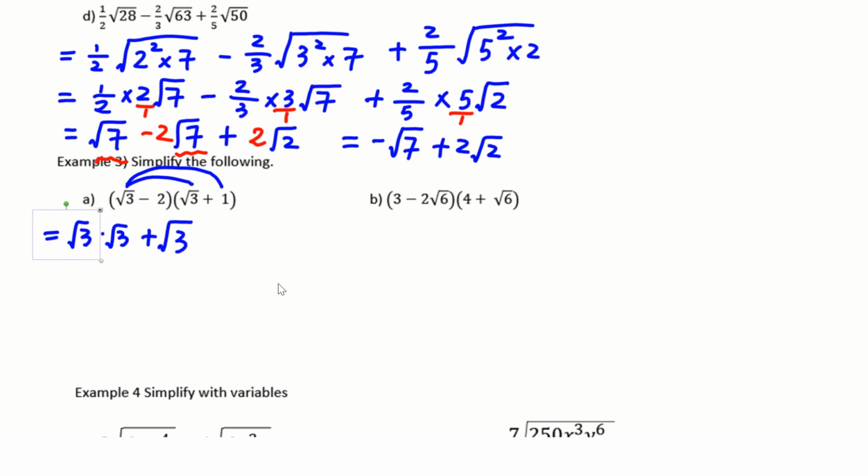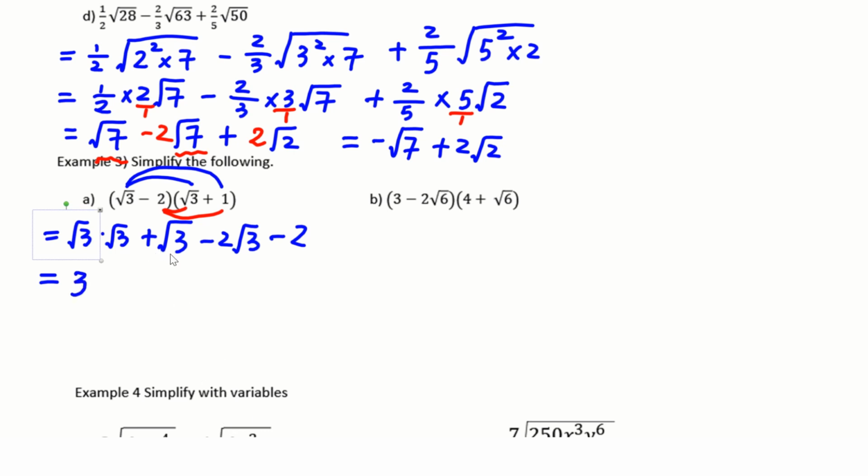Then the second term in the first bracket times each term in the second bracket. Negative 2 times square root 3. Negative 2 times 1 is negative 2. Then square root 3 times square root 3 is square root 3 squared. The squared and the square root cancel out, you have 3.